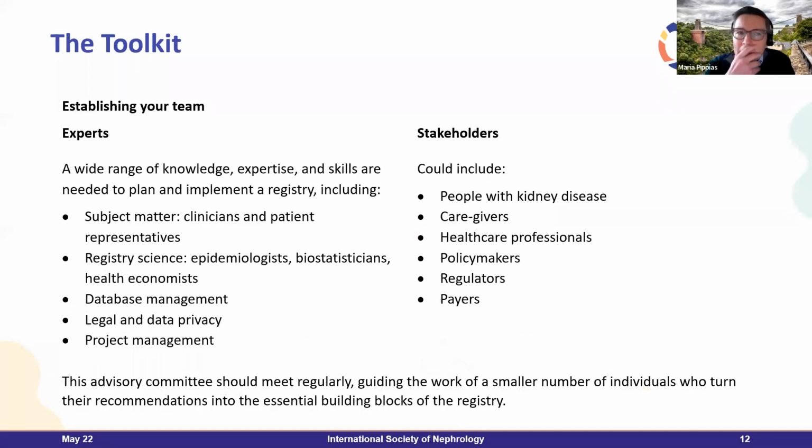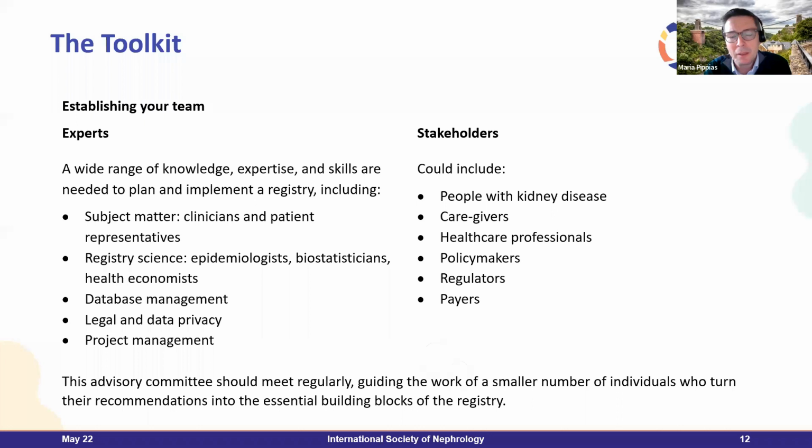The second step is to establish your team. You almost did that first little exercise on your own, or perhaps with one or two other people who are passionate about answering the question or achieving the objective. Really, the next step is to establish a wider team of experts and stakeholders.